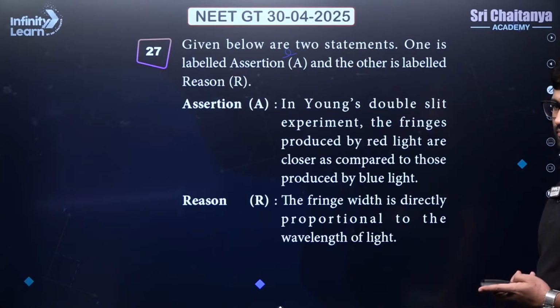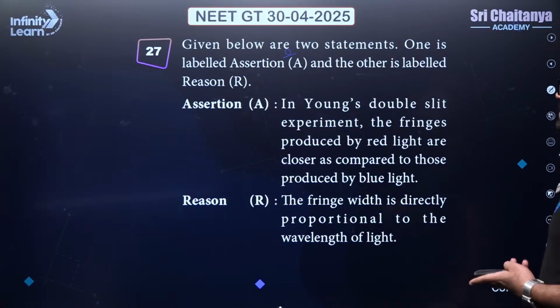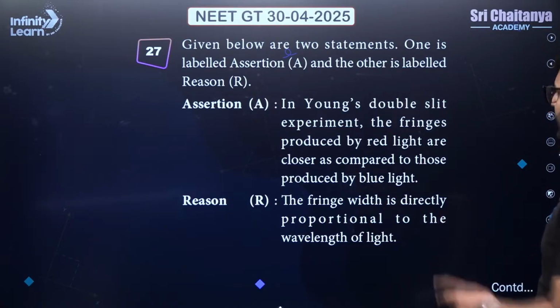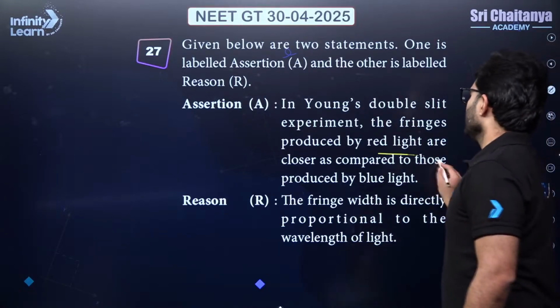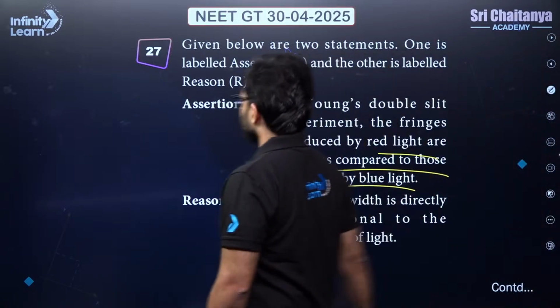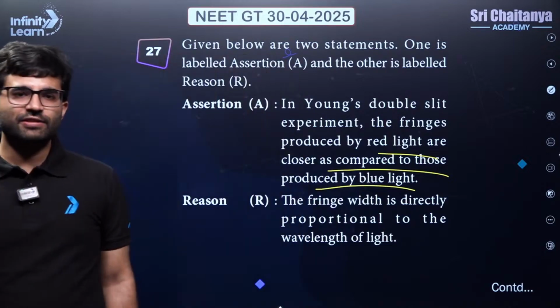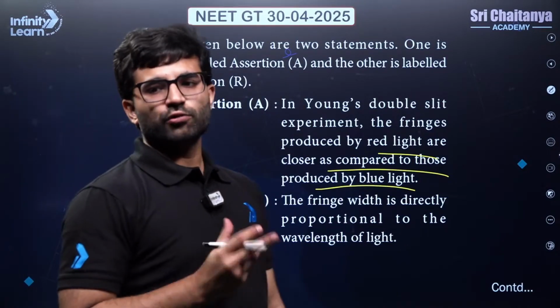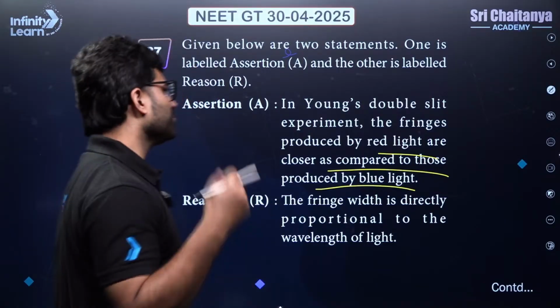Next. Given below are two statements, one is labeled A and the other is labeled R. In Young's double slit experiment, the fringes produced by red light are closer as compared to those produced by blue light. If they are asking about the closeness of the fringes, they are asking about the fringe width.